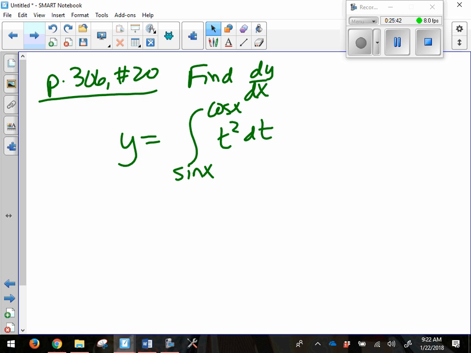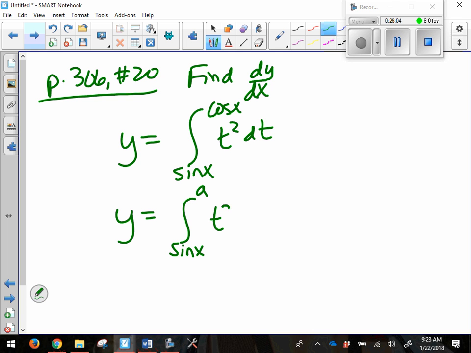So neither of those limits is a constant. Neither of them is an x. So we're going to have to play around with this a little bit. Now, Zoe, your idea before of partitioning is really the way to kind of start this. I'm going to pick some random point a, as long as it's in the middle, and break this into two integrals.